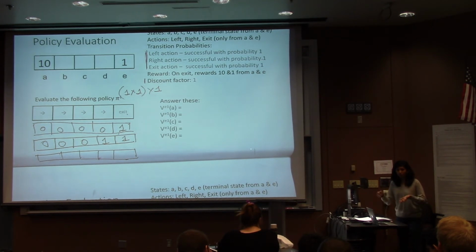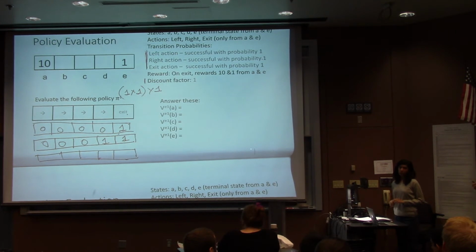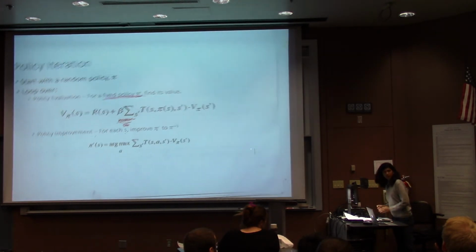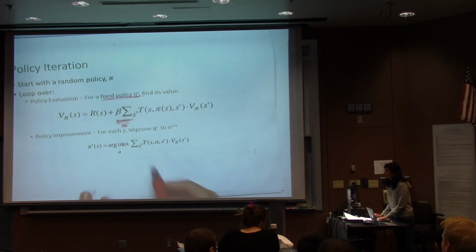So given that policy, what would be your rewards? That is what we are comfortable with. But if it's a terminal state, in the previous thing, you would write whatever the value, say 10, no matter what. So essentially for your value iteration, you would calculate the max over the right action, a left action, and an exit action. So what really changed? The exit action will always be removed, like if you define that.